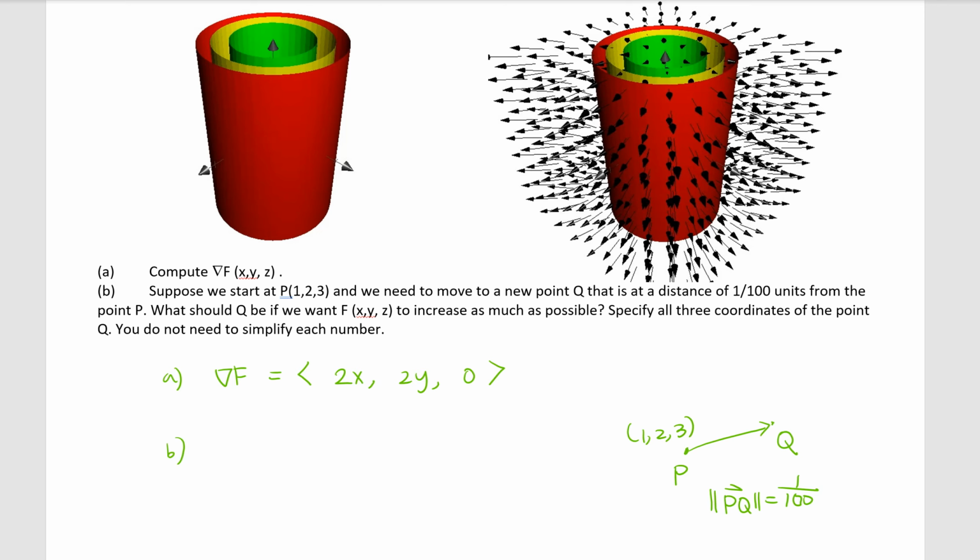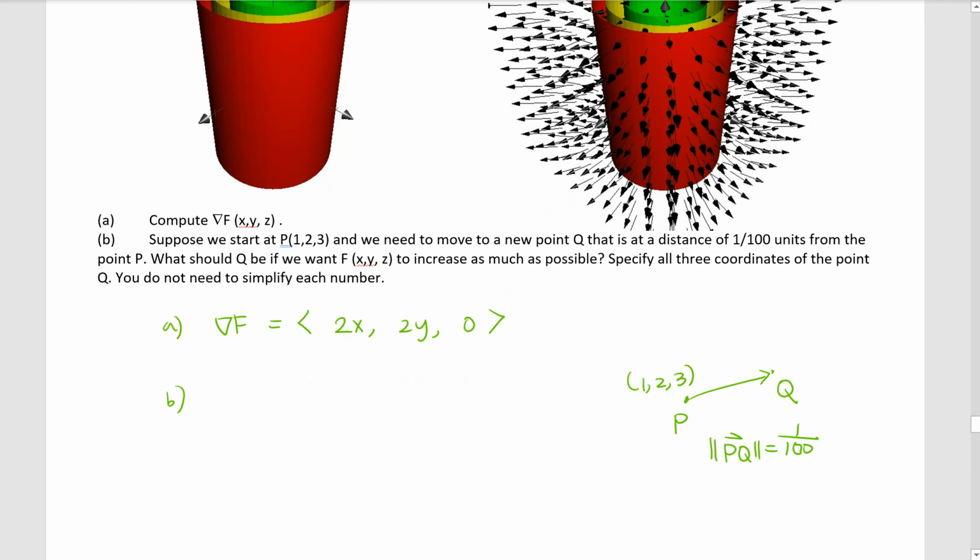What would Q be if we want f to increase as much as possible? Well, to increase as much as possible, it means the gradient of f should be in the same direction as PQ. Right, everybody?